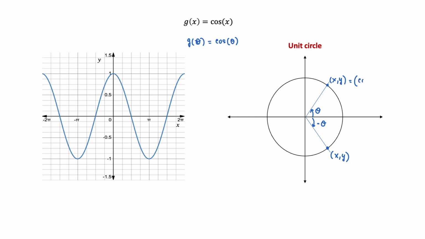So this becomes cosine theta and this sine theta for the y value. And then in this particular case, we're going to have cosine of negative theta and then sine of negative theta, just like this.